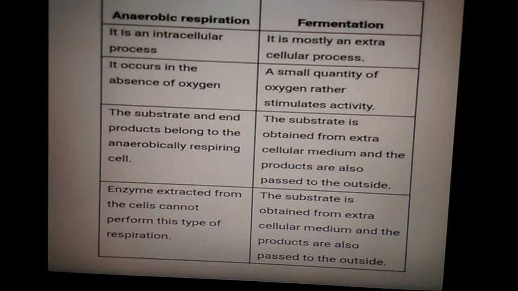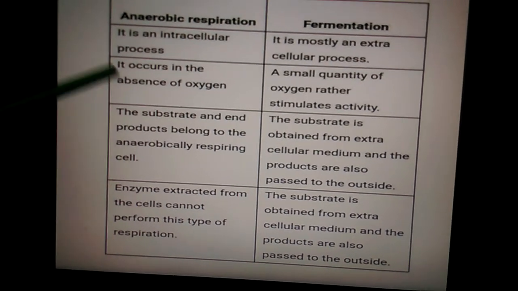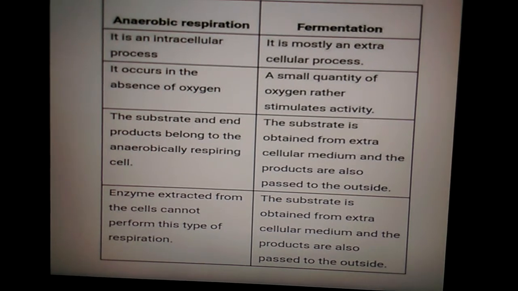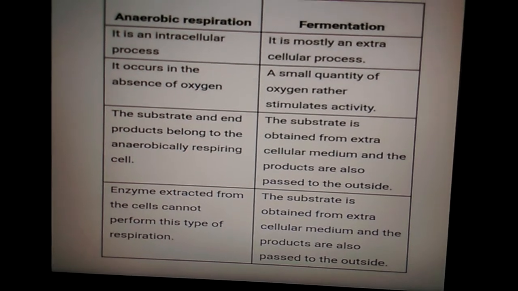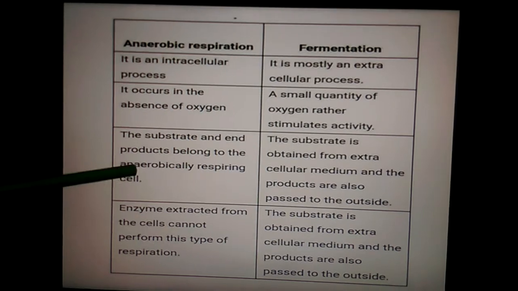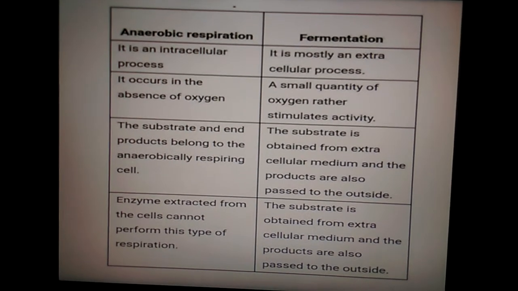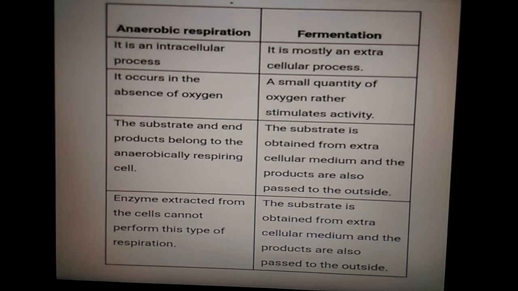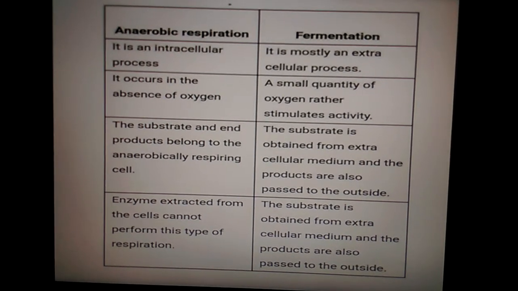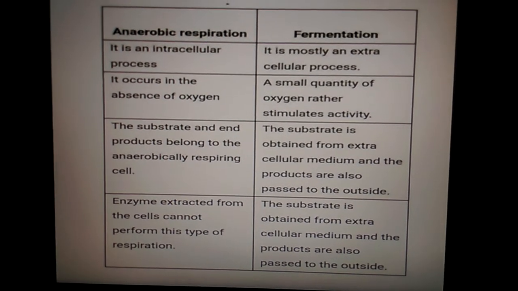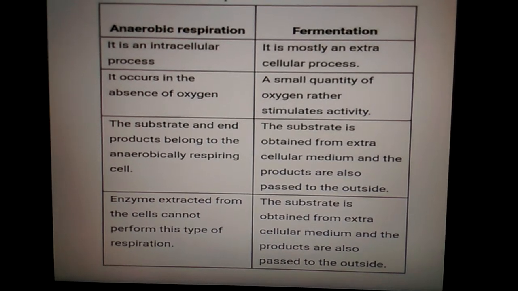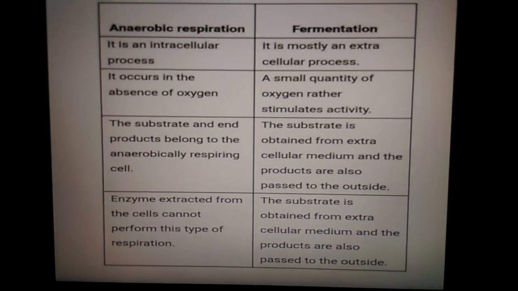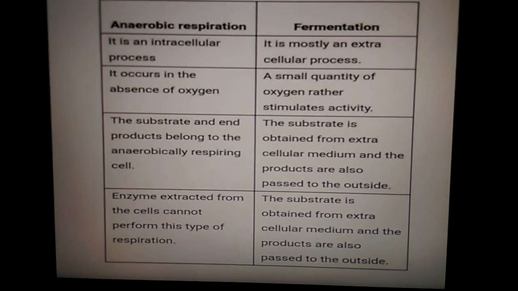Anaerobic respiration occurs in the absence of oxygen. In fermentation, a small quantity of oxygen rather stimulates activity. In anaerobic respiration, the substrate and end products belong to the anaerobically respiring cells. In fermentation, the substrate is obtained from the extracellular medium and the products are also passed to the outside.